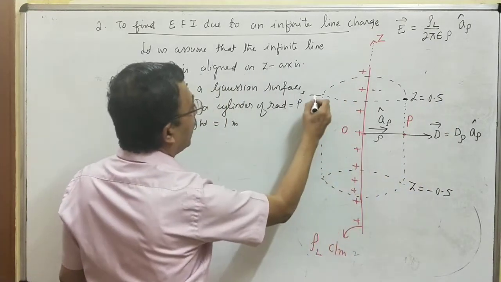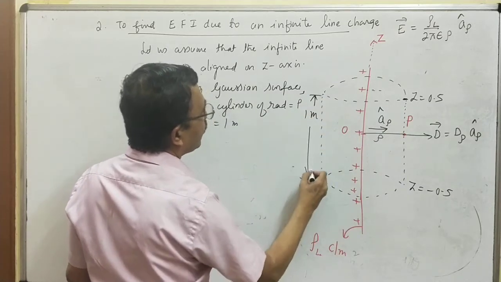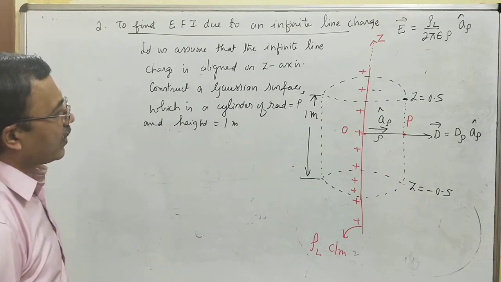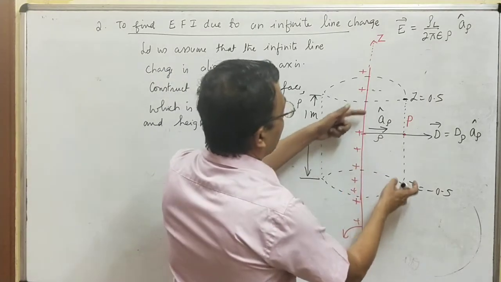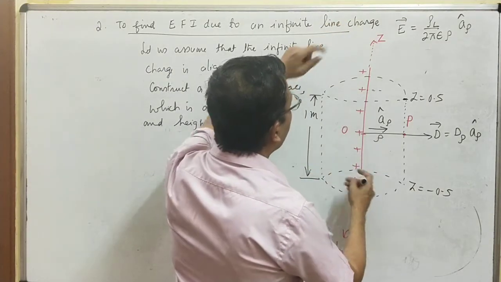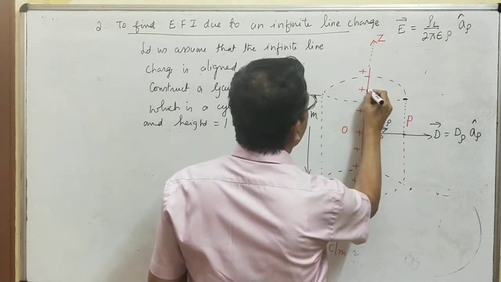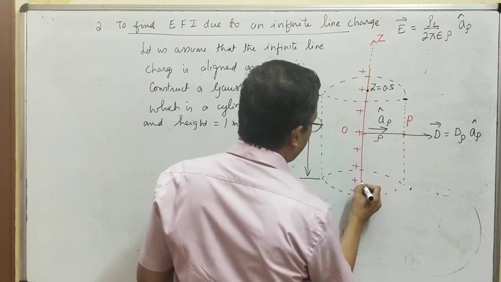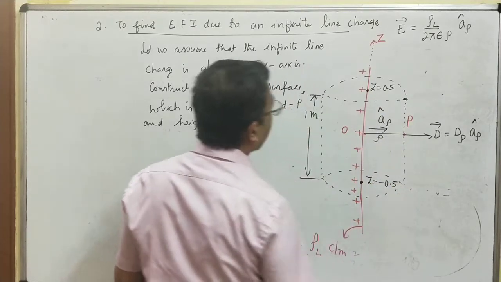So what is the height? Height is 1 meter. So z varies from minus 0.5 to plus 0.5.